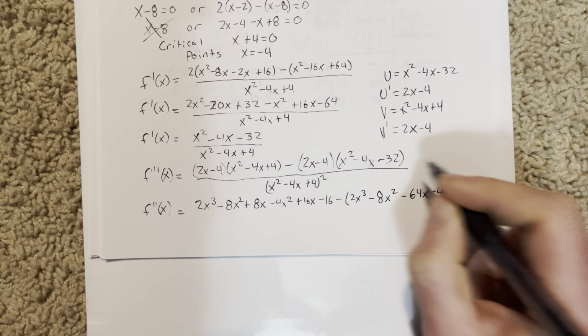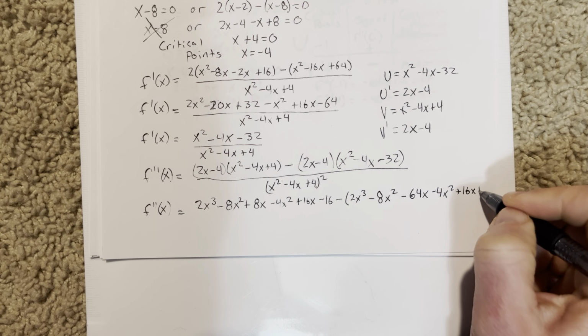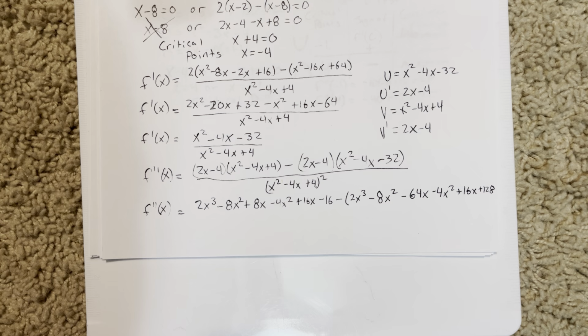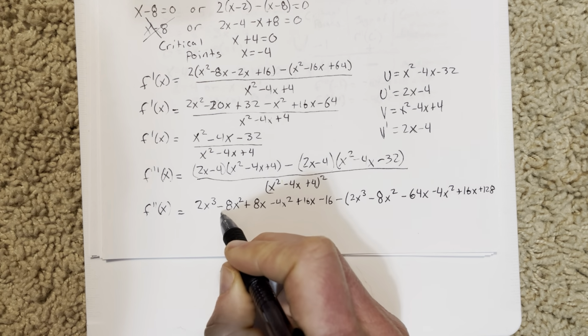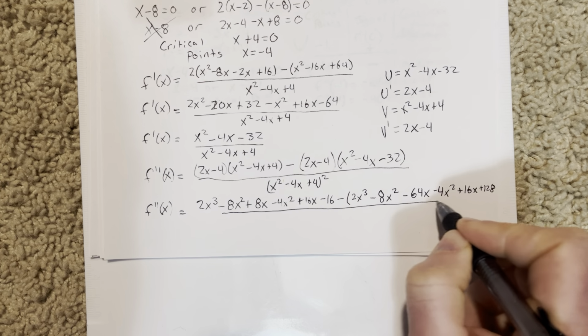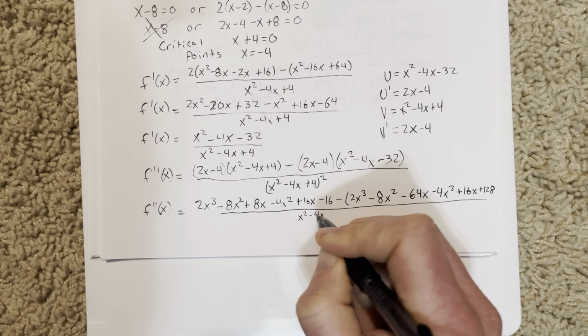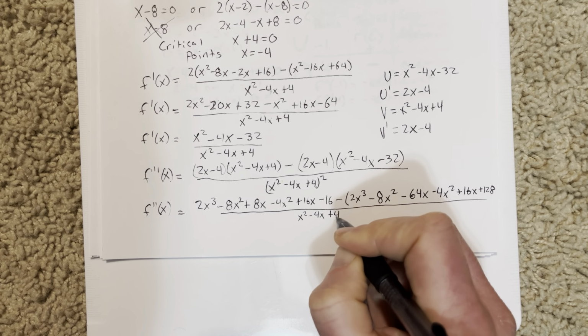And then 4 times 32 would be positive 128. I'm going to write this all over x squared minus 4x plus 4 squared.